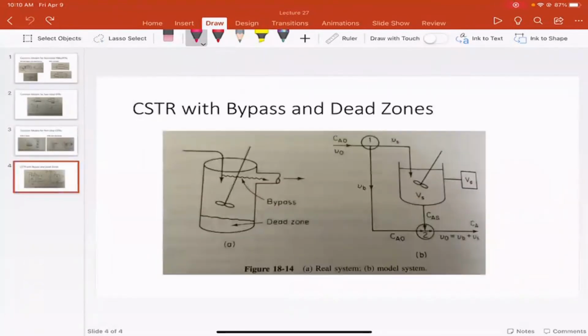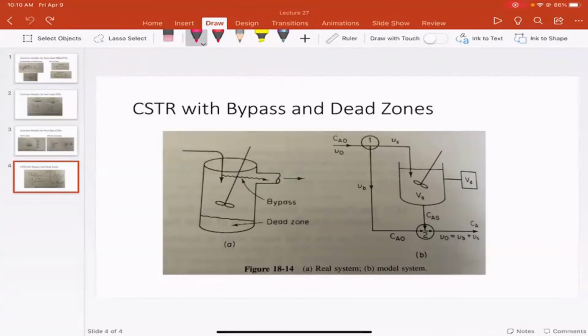And the last model that I will just show you is a CSTR, a single vessel with bypass and dead zones. And so here, right, you see that you have fluid coming in, some of it just immediately leaves, and some of the volume is totally unutilized. And just like somebody chimed in earlier in the lecture, right, it's in the corners. They draw this on the bottom and in corners for a reason, because that is primarily where it would happen.